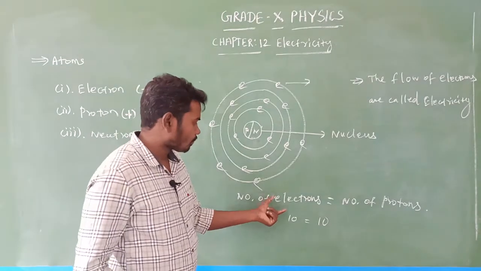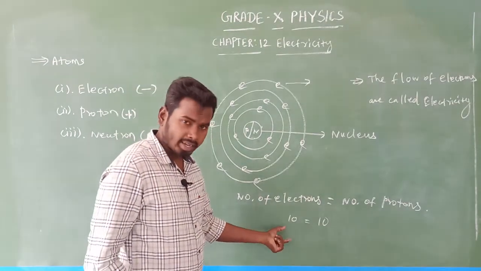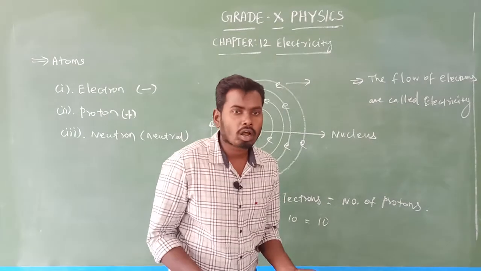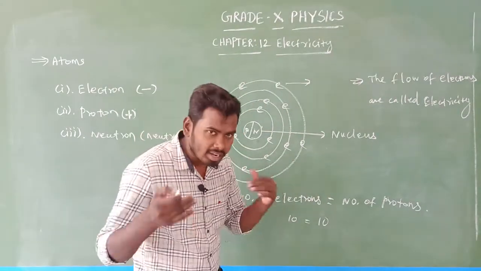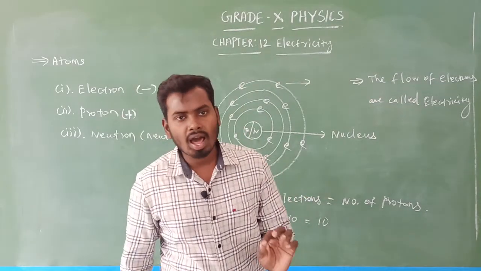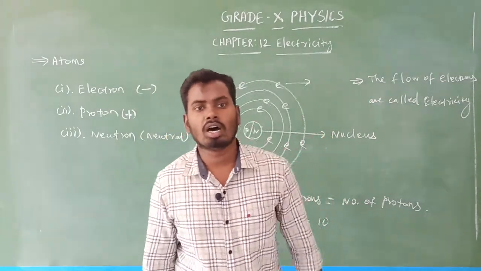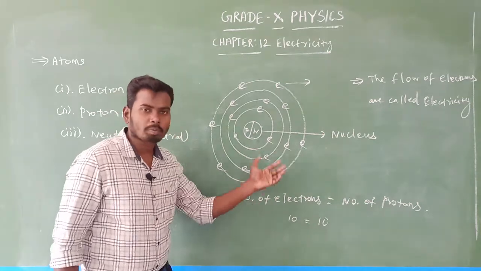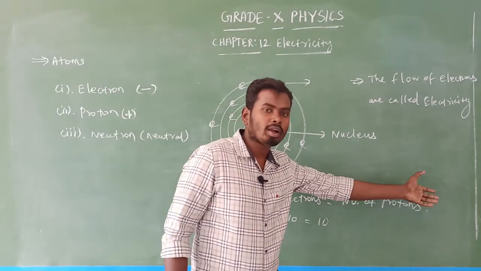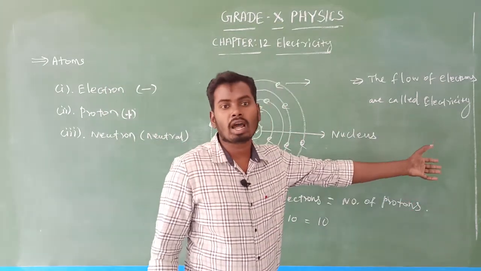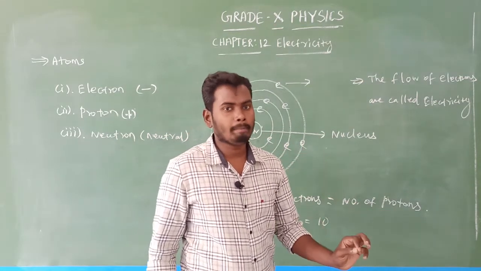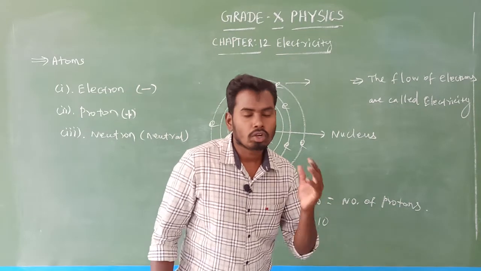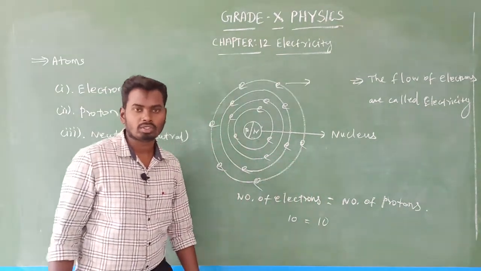So the number of electrons is 10, and the number of protons is also 10. The number of electrons is equal to the number of protons. That is the reason why a normal atom has neutral charge.